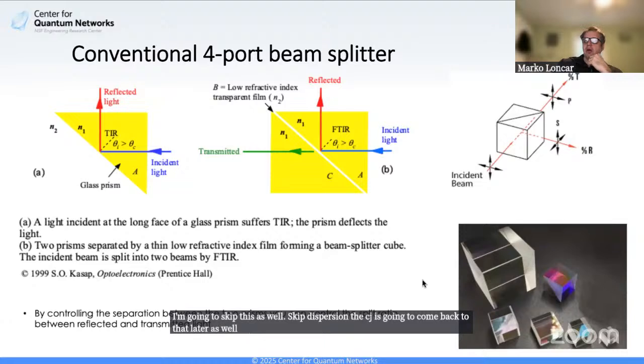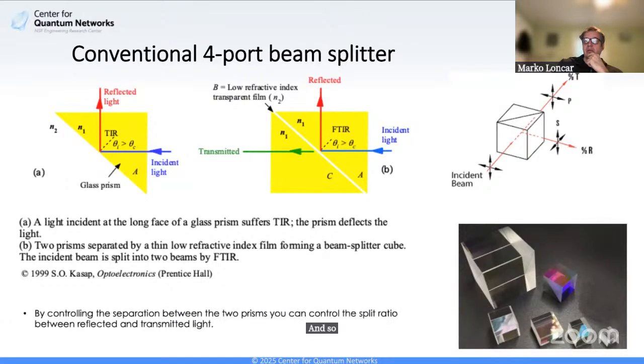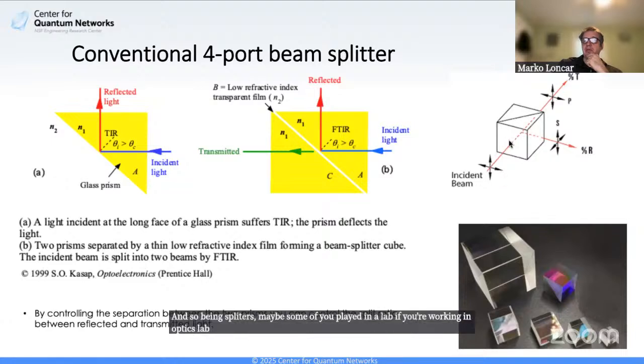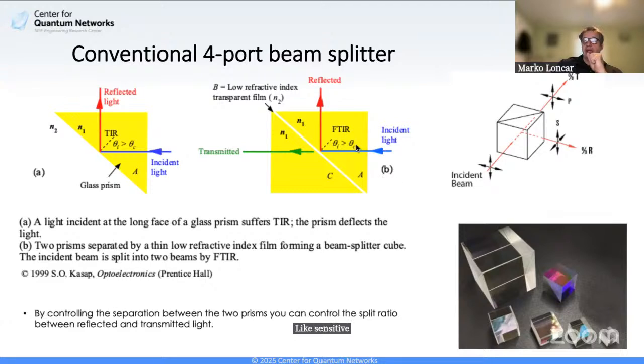Okay, so important components of these integrated photonics, as I mentioned, are beam splitters. Maybe some of you have played with them if you're working in an optics lab. They're basically these beam splitter cubes. They can be polarization sensitive or not, right? And the way they work is actually very cute.